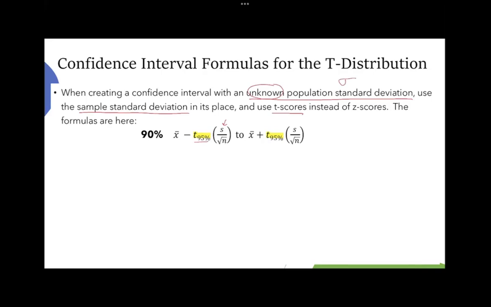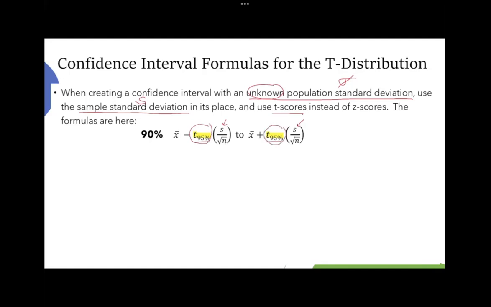It will be unknown. Okay, so you're using the sample standard deviation in its place. And then on the right, the same thing, x bar plus t 95% times s divided by the square root of n.